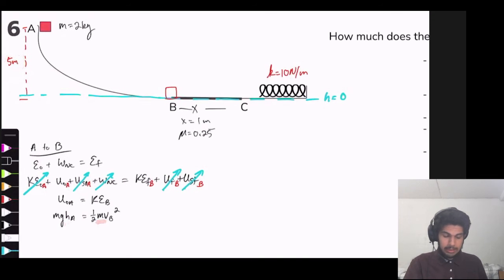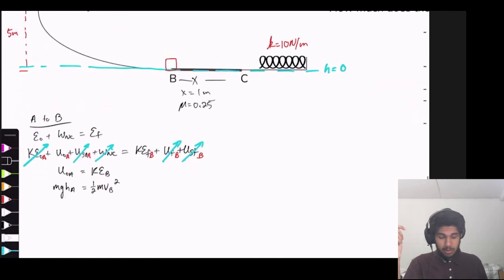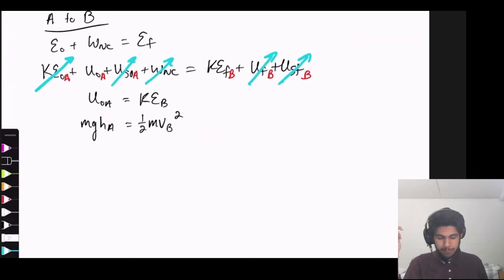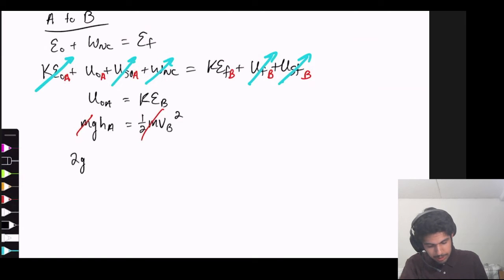We have mass on this side, we do not have velocity on the right-hand side, so maybe velocity would be a logical thing to solve for. So let's do that. We have a mass on both sides, so those cancel. And we're left with 2gh_A is equal to v_B squared. So v_B is equal to the square root of 2gh_A.